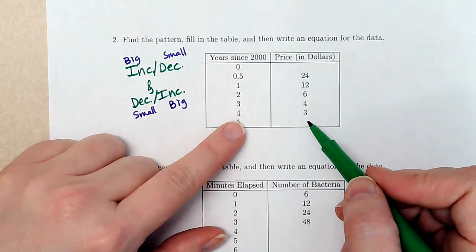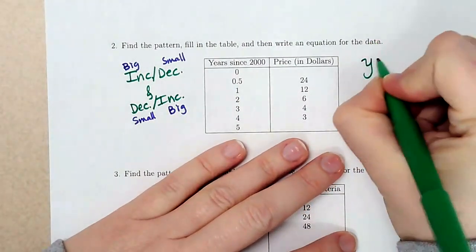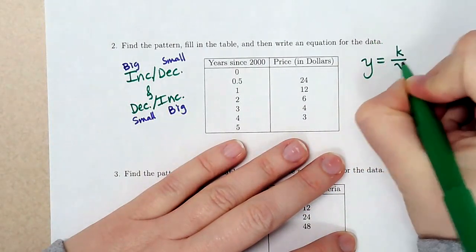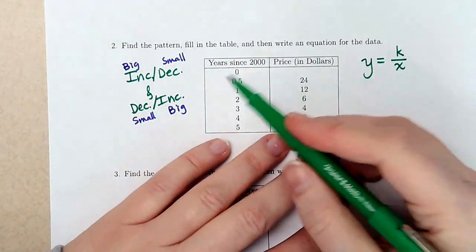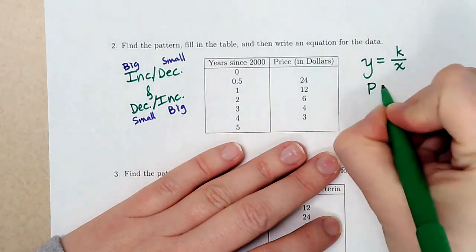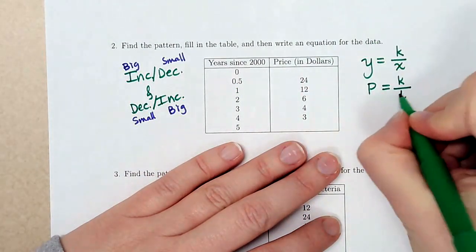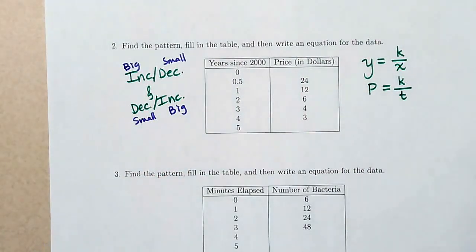Let's see. So that means I have to start with that model. Okay, but I don't have Y and I don't have X. I have years and I have price. So I would put price and K, and I would put time for years. So I just morphed it into the situation.